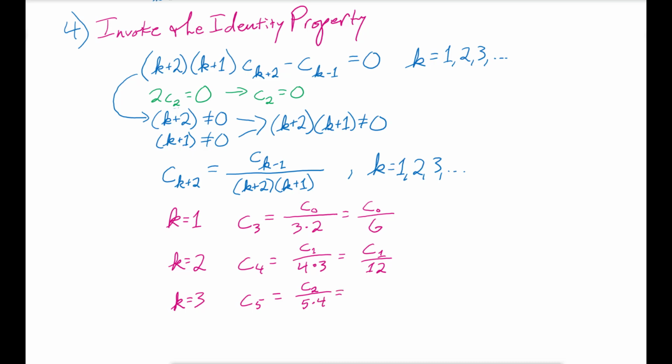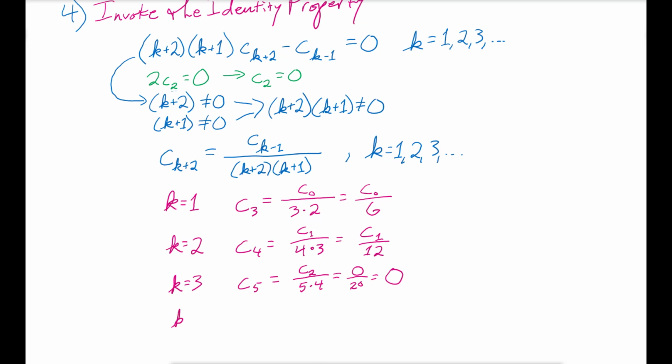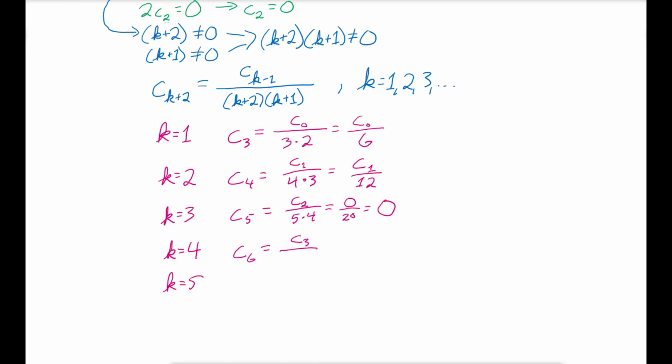Now, since c2 equals 0, this is going to be 0 over 20, or just 0. Plugging in k equals 4, I get c6 is going to equal c3 divided by 6 times 5. Now remember, c3 is actually equal to c0 divided by 6, so this is really c0 over 6 times 6 times 5, or c0 divided by 180.